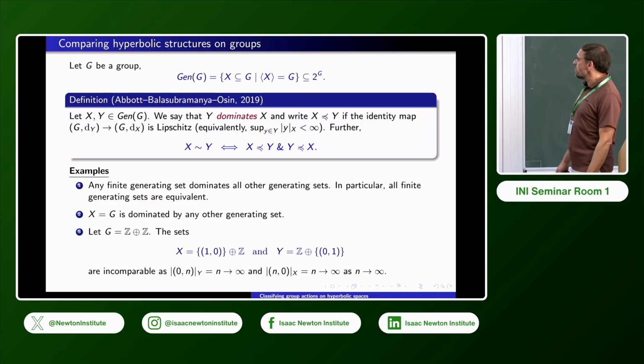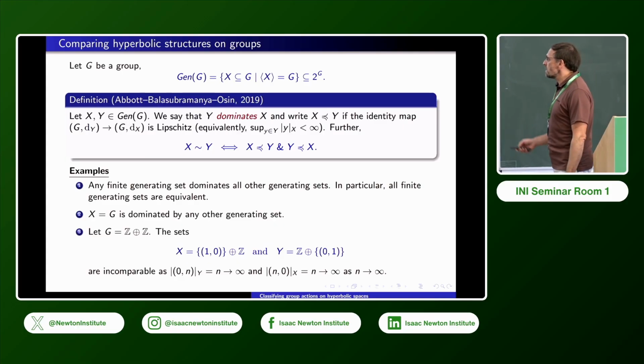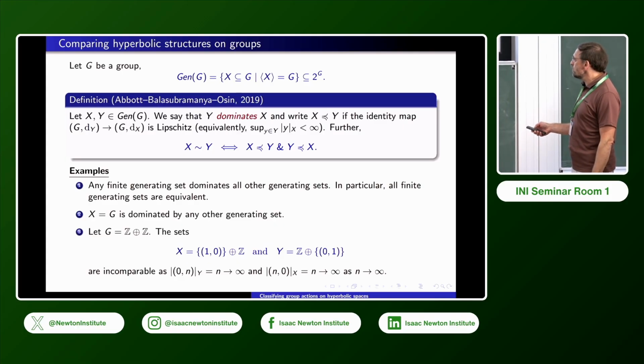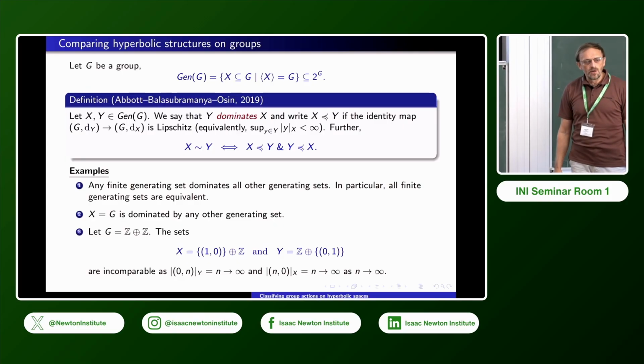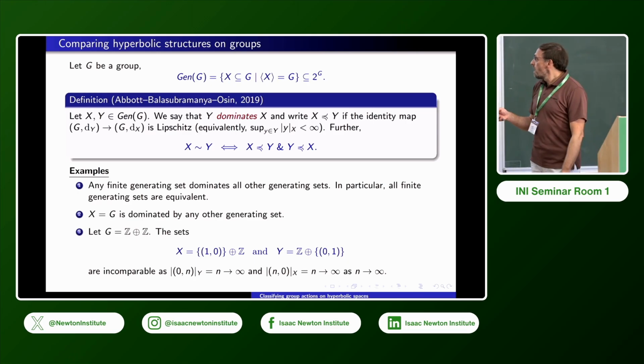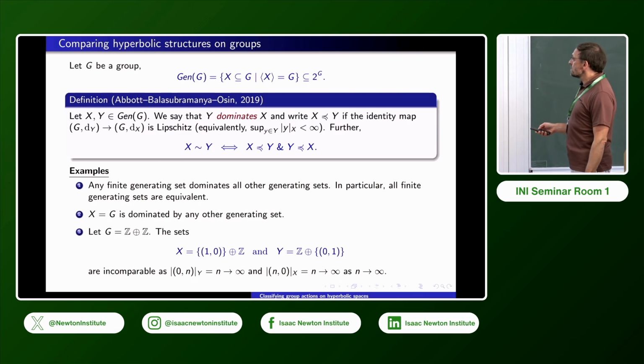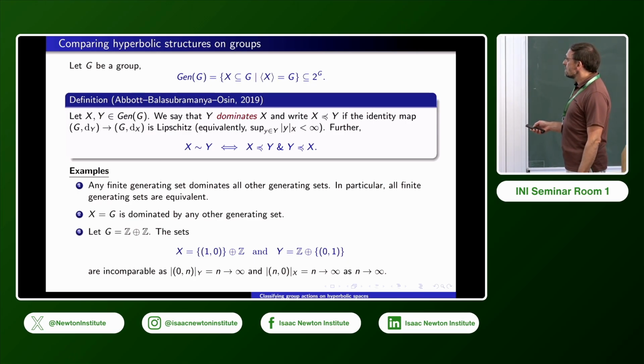And here is an example of two generating sets of the group Z plus Z, which cannot be compared, so they are incomparable. The first generating set, you take (1, 0), and then take the whole second summand here as the set of generators. And the other generating set is sort of symmetric.